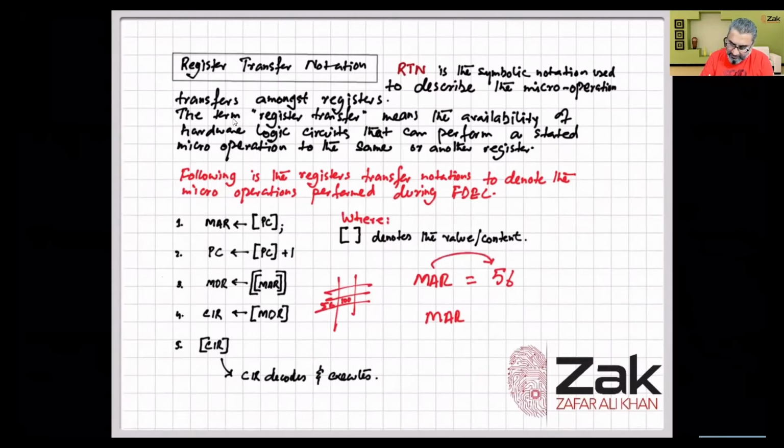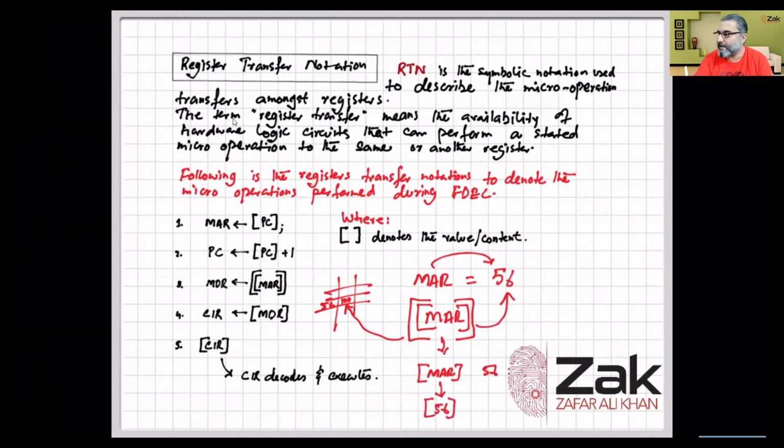When I say the content of MAR, I mean 56. But when I say the content at the address mentioned in MAR, then I mean 100. So the inner bracket means the content of MAR, that is 56. At first stage, it will be taken as 56. At second stage, whatever is at 56, that is 100. Mind it, this is the inner bracket and this is the outer bracket.